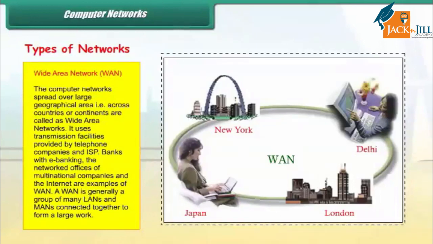Banks with e-banking, the networked offices of multinational companies, and the Internet are examples of WAN. A WAN is generally a group of many LANs and MANs connected together to form a large network.